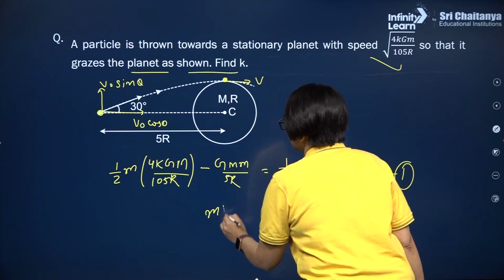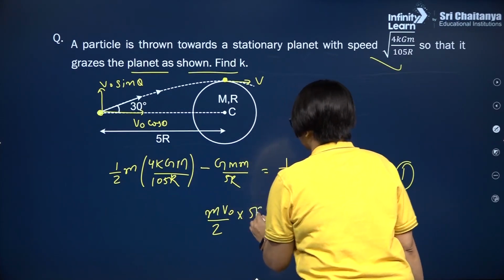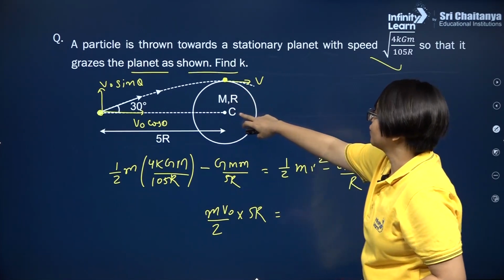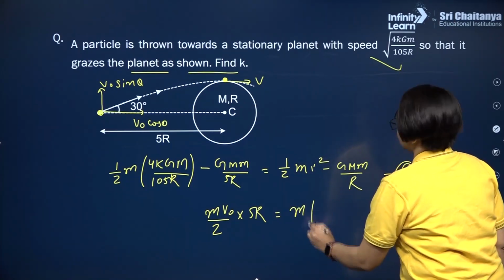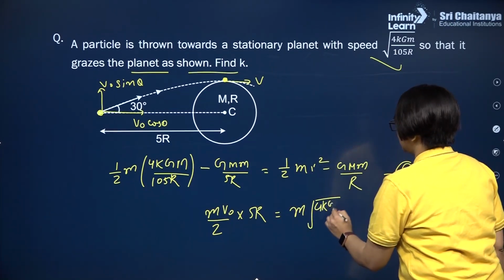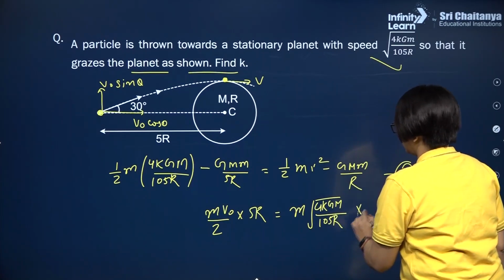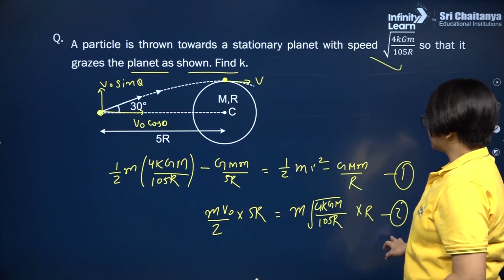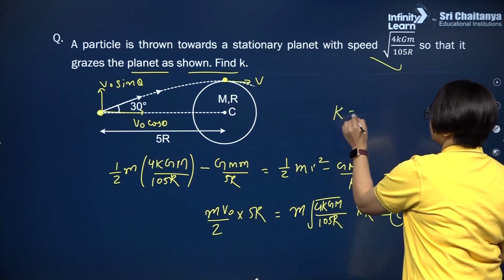So, it is m v naught sin 30 degrees into 5r, and that is equal to the angular momentum about C at this point, that is m v r. V is under root of 4 k G M divided by 105 r, into r. This is equation 2. So, if you solve this equation, you will get the value of k as 8.